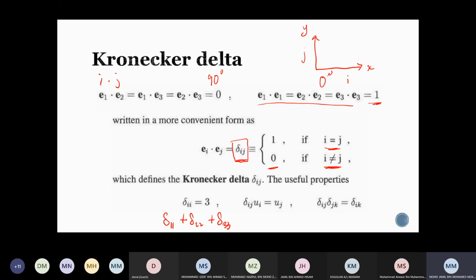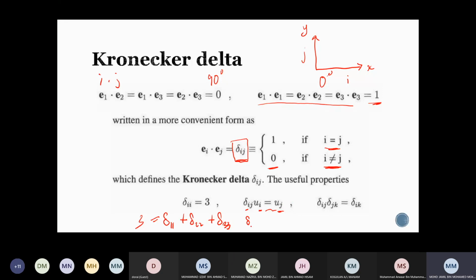Delta 11 equals 1, delta 22 also 1, delta 33 also 1, so you get 3. And if you have delta ij times ui, you can write this in terms of u, so just write uj.